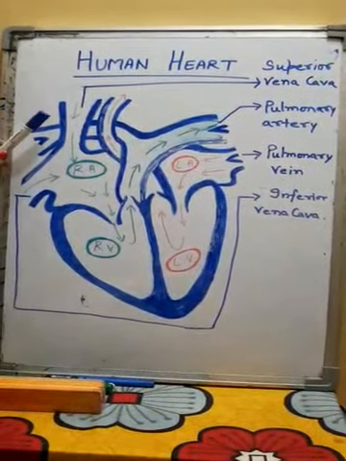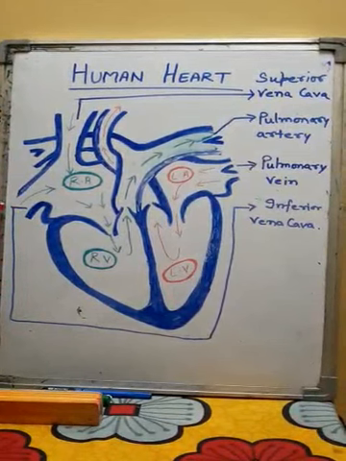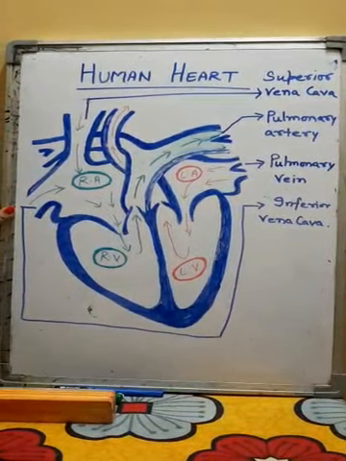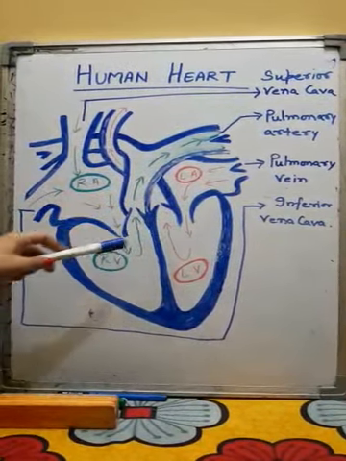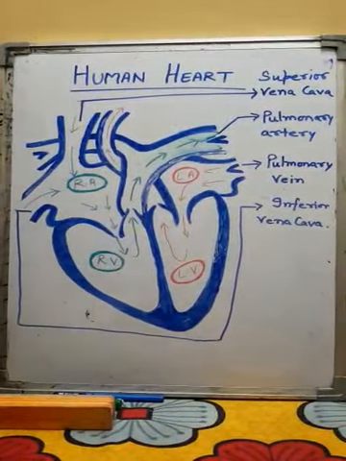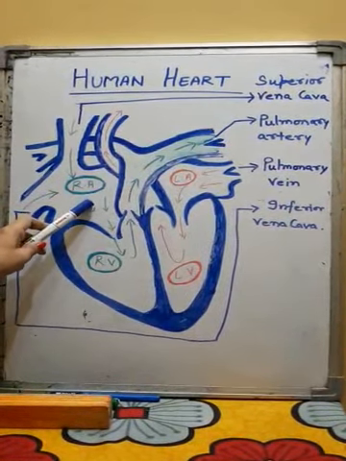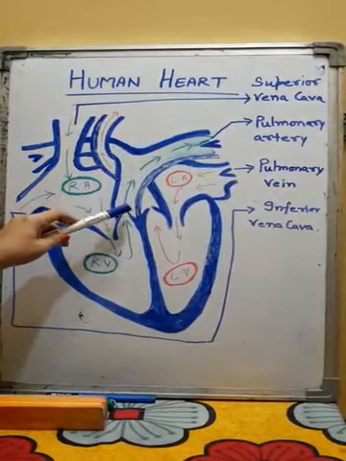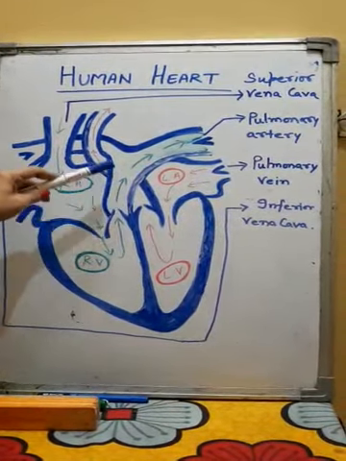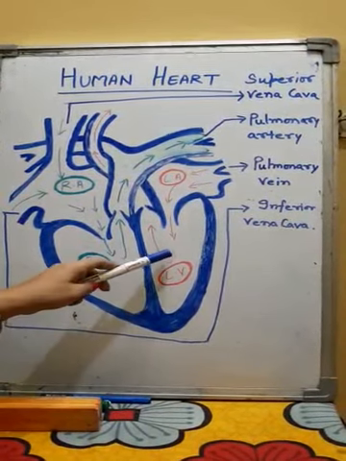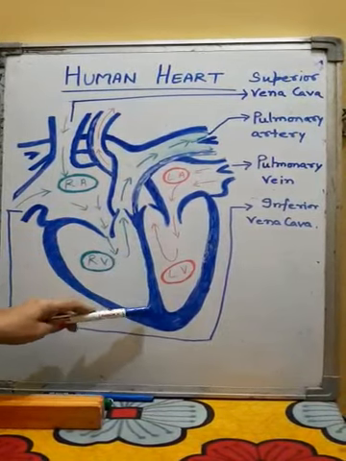The chambers are partitioned to prevent mixing of oxygenated and deoxygenated blood. This is the significance of the presence of four chambers. These four different chambers keep the blood separated. Two auricles are separated by an interauricular septum. Likewise, two ventricles are separated by an interventricular septum.